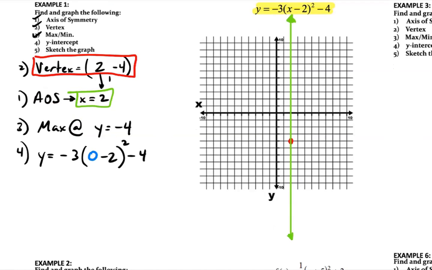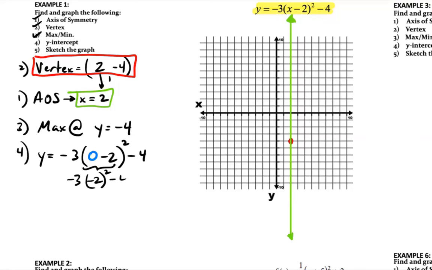Now, everything used to cancel out, right? For standard form, everything would cancel out except the last number, right? That's not what's going to happen today. We have to actually finish it out. Okay. So what do I get here? Let's see. I have got to do parentheses first. So I get -2 inside the parentheses.